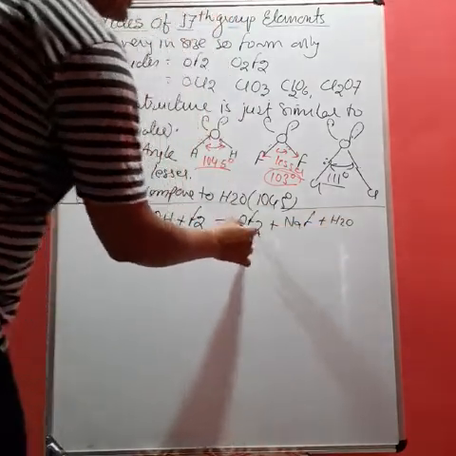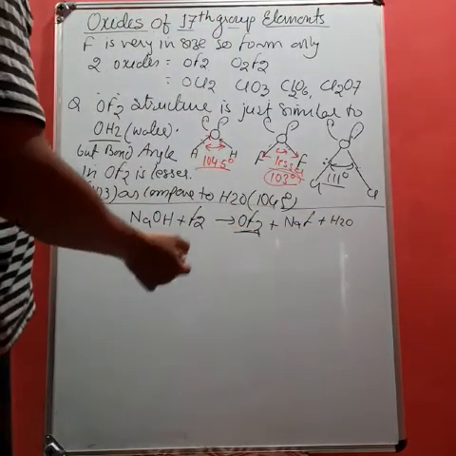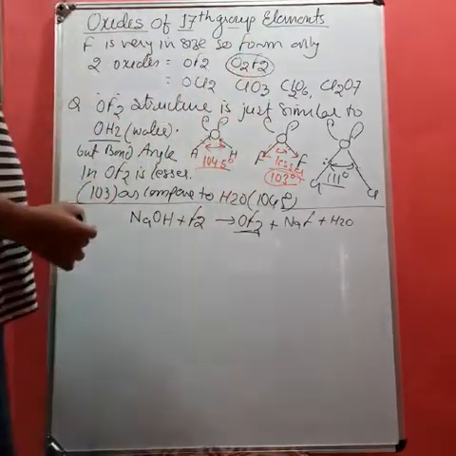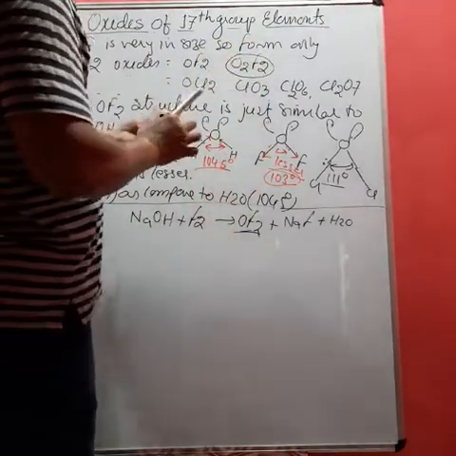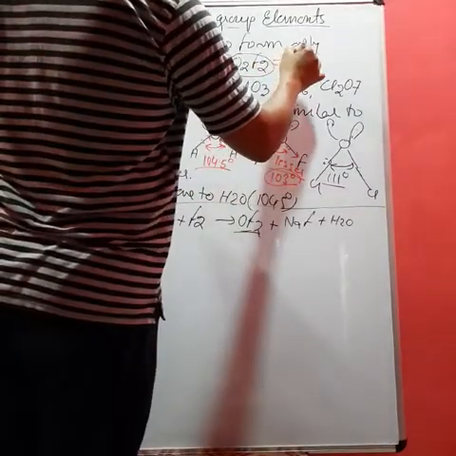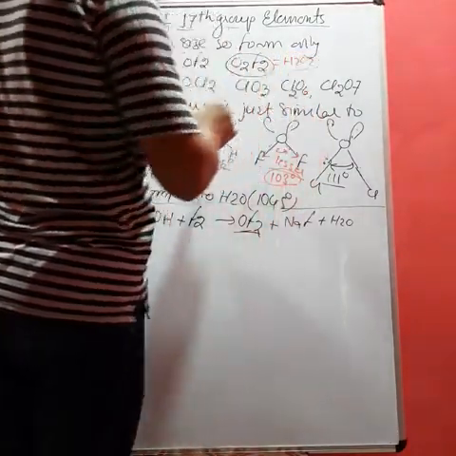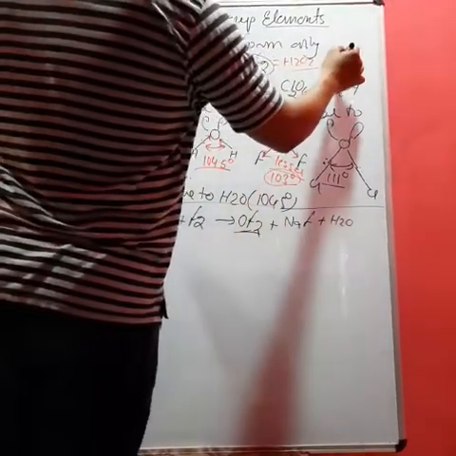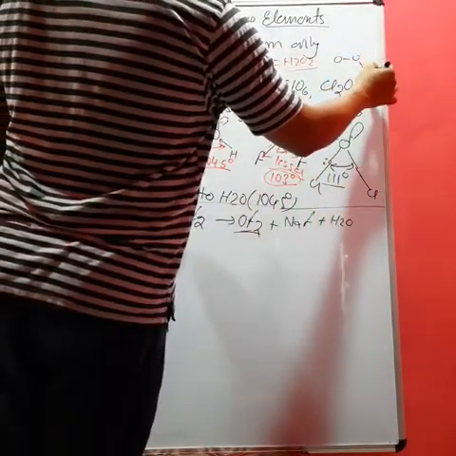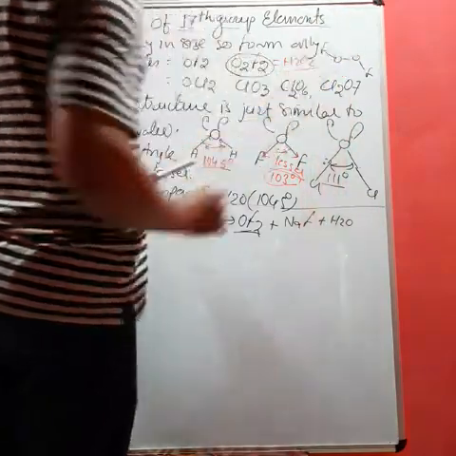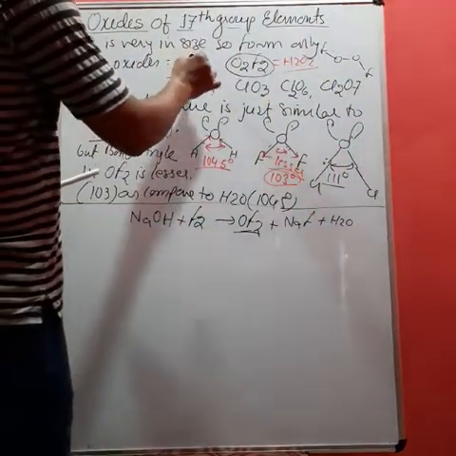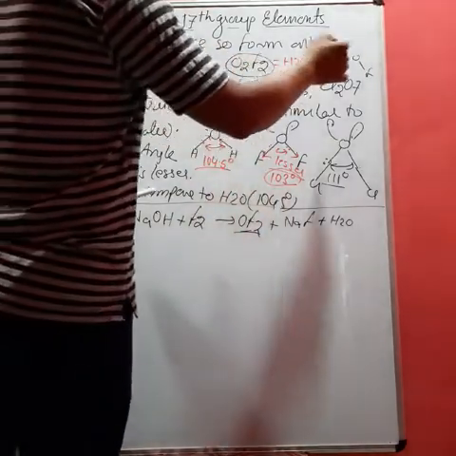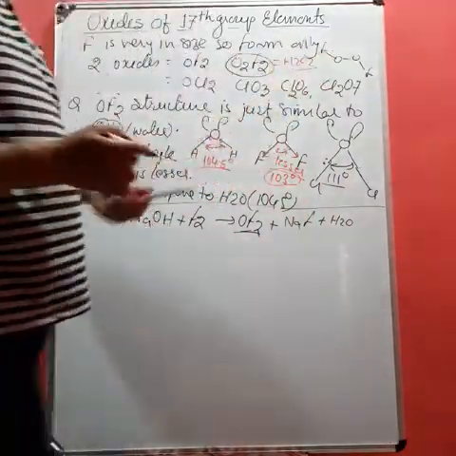Similarly student, if you discuss the next one, O2F2, the structure of O2F2 will be quite similar to the structure of H2O2, like what? Open book structure. Like say this is O, this is F, and this is one more F. So the OF2 structure is similar to OH2, while the O2F2 structure is similar to H2O2.